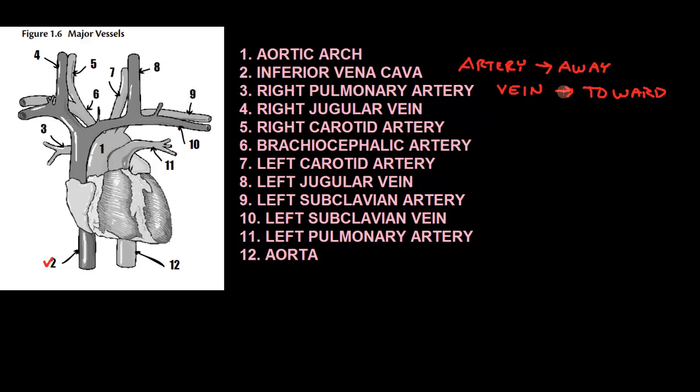Okay, so let's pretend we are a red blood cell. We're down here in the left ventricle, and we're going to be ejected through the aortic valve into the aortic arch. That's number 1.